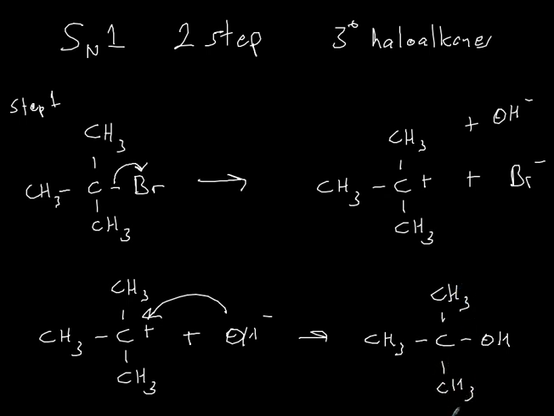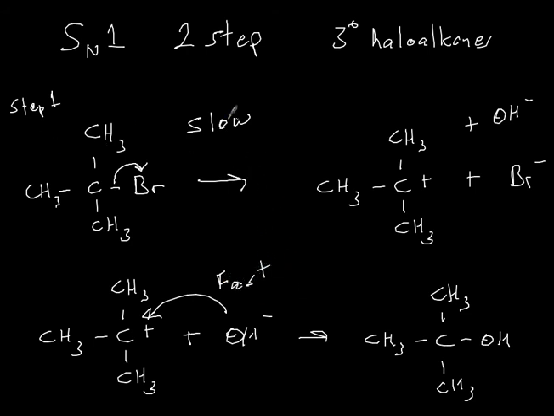Now, one of these steps occurs fairly rapidly, relatively speaking, to the other, and the other is fairly slow. And so this first step is actually the slow step, and the second step, sorry, is the faster step.